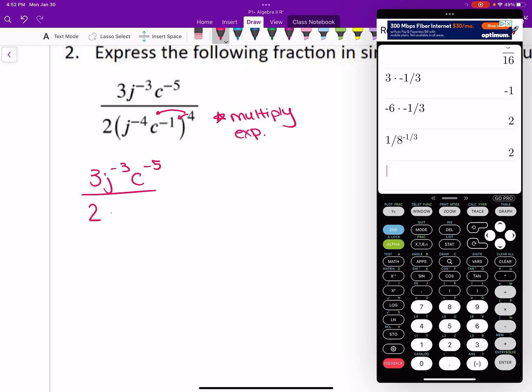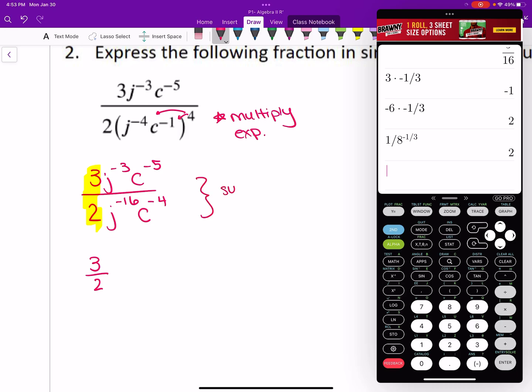So now we're going to multiply. So for J, negative 4 times 4, negative 16. For C, negative 1 times 4 is negative 4. From here, dividing, 3 over 2 is just 3 over 2.